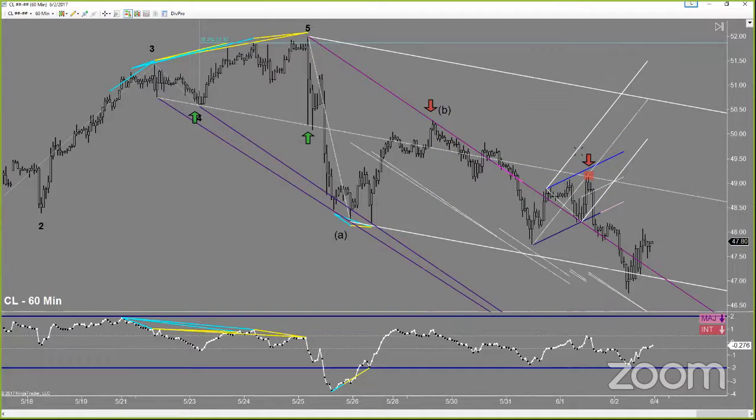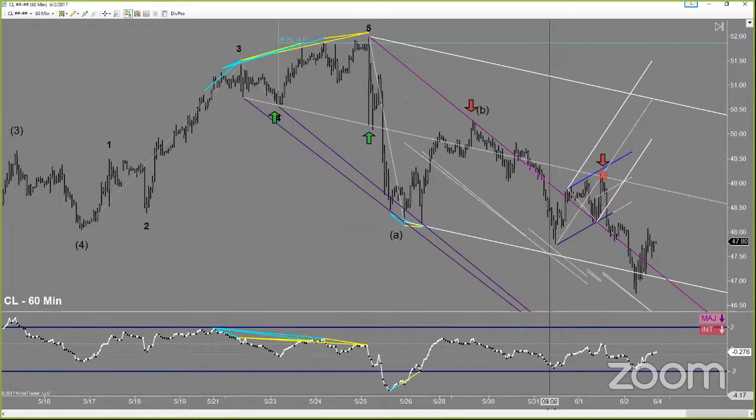And basically what I'm looking for next week is one more wave to the downside. So if we're in the C wave, so we're in this last wave down before turning up and hopefully breaking above this high, basically it looks like an ending diagonal.